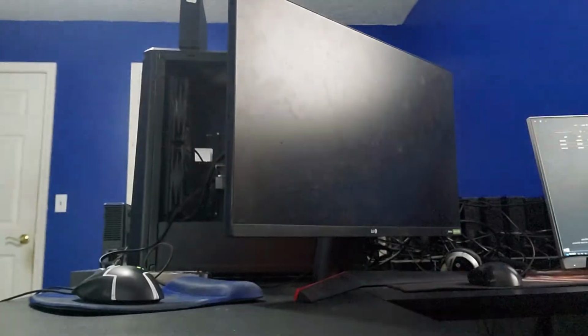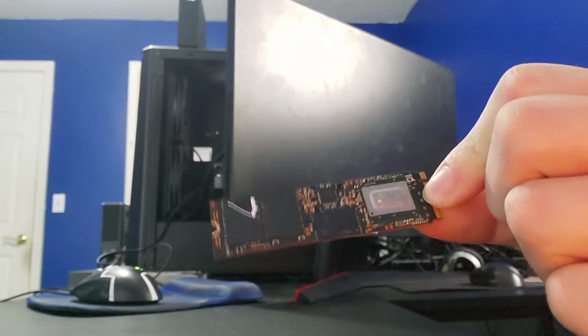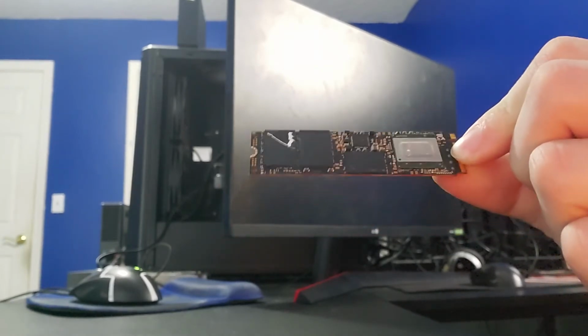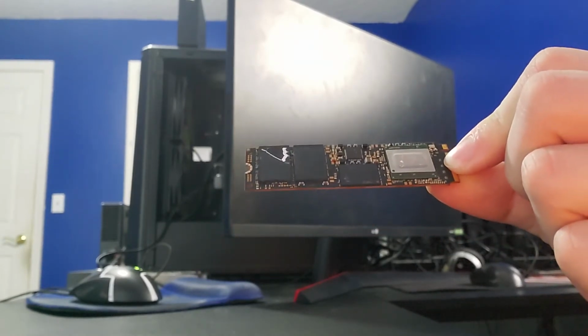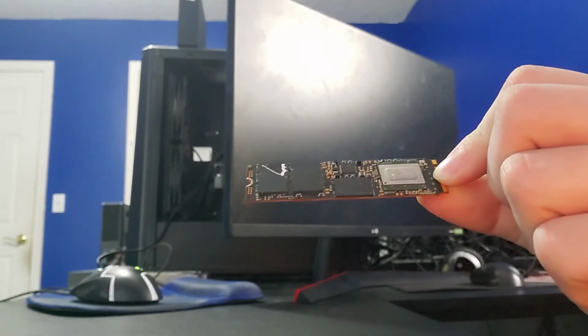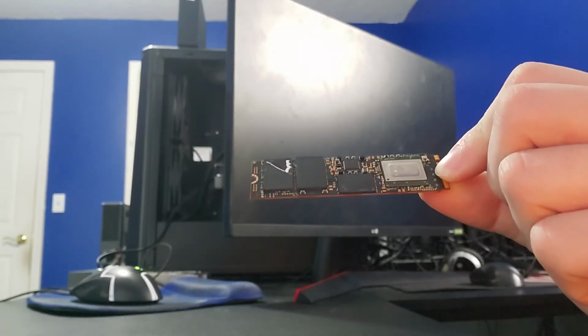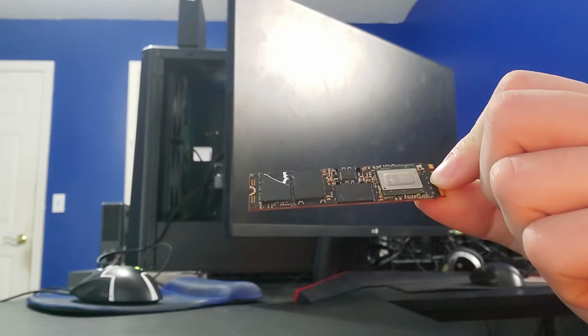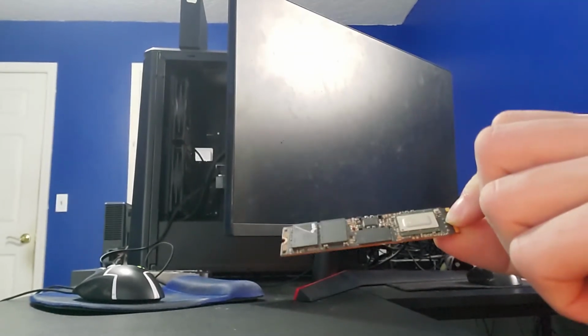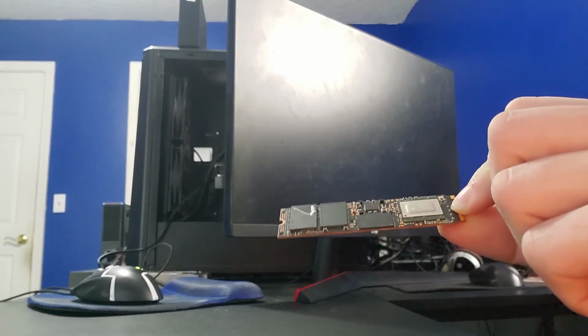Now we'll take a look at the M.2 right here. These provide even faster read-write speeds than the SATA SSD, and once again, the price is going to be more expensive per terabyte than potentially the SATA SSD, and definitely more than the standard disk plotter drives.